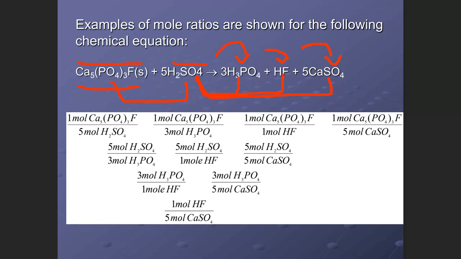Let's change the color. Then we can also write the ratio of calcium apatite to here, same to here, same to here. We can make so many ratios on the basis of our need.